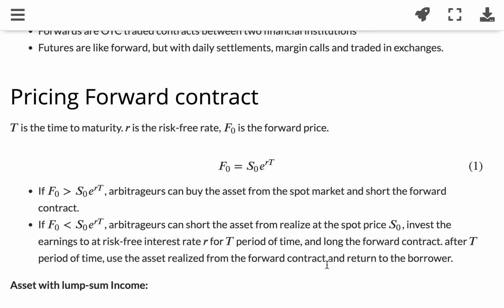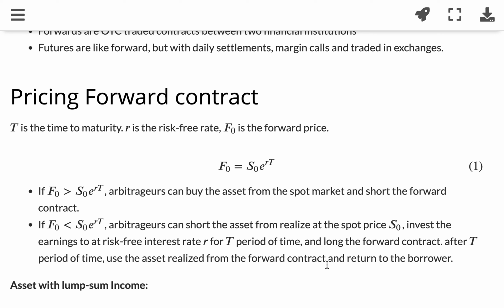If the pricing of the forward contract was inefficient, then there would be arbitrage opportunities, and no one involved in this contract wants to be taken advantage of. So let's begin. How do we start from this simplest model?